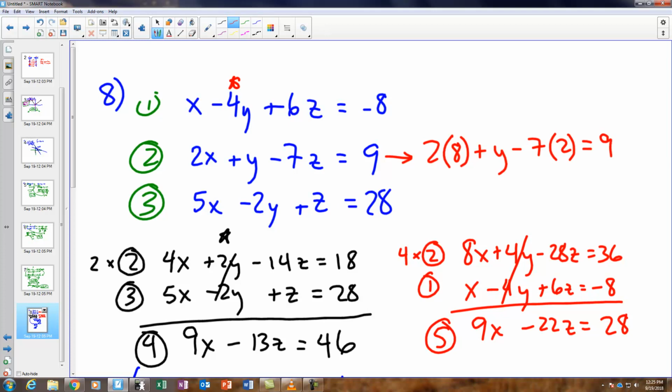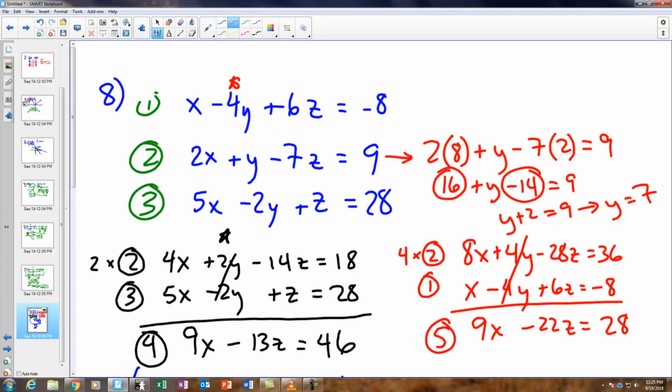So this is 16 plus y minus 14 equals 9. If I look at the 16 and the minus 14, that's a 2, so this would be y plus 2 equals 9. Therefore, y must be 7, because you subtract the 2. And there's our third answer. So our final answer was that x is 8, y is 7, and z is 2.